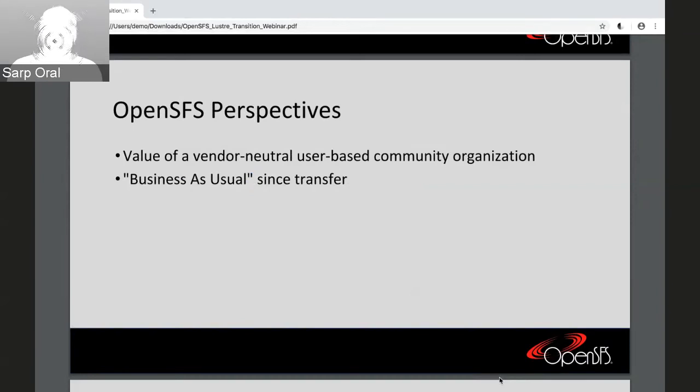But it is business as usual since the transfer. So this is good. This is the message I wanted to get out. There have been times of turmoil in the past. We are not seeing any of that right now. Next slide, please.